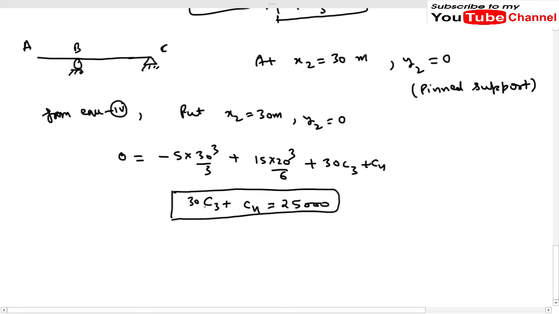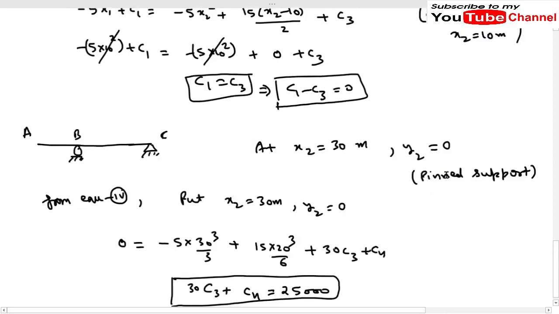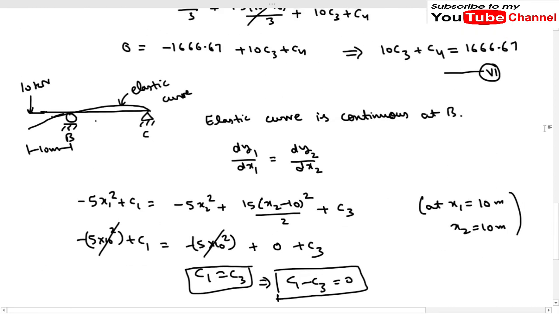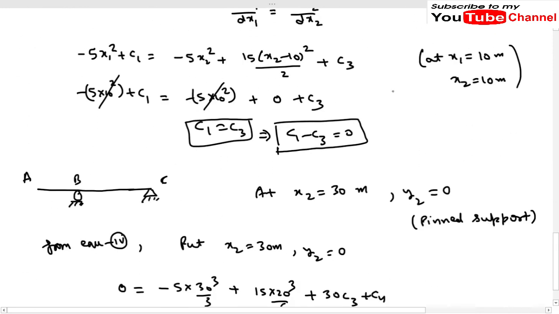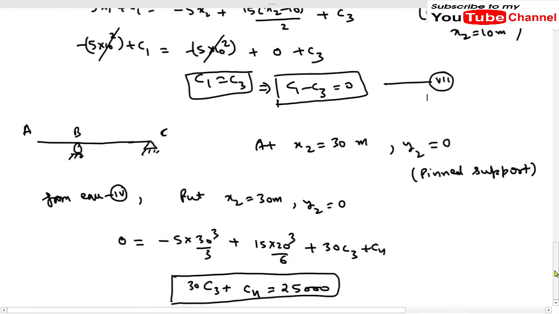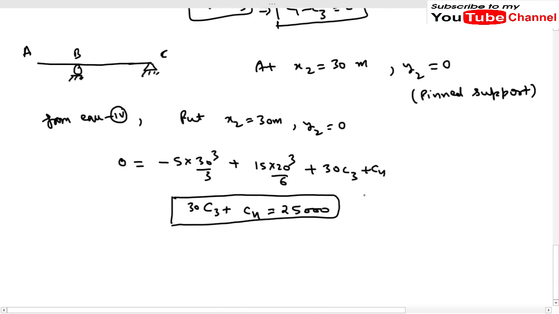Now how many equations do we have? We have equation number 5, equation number 6, and let us name this equation as 7, and we have equation number 8.